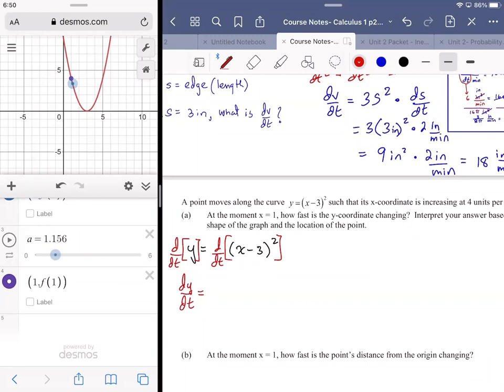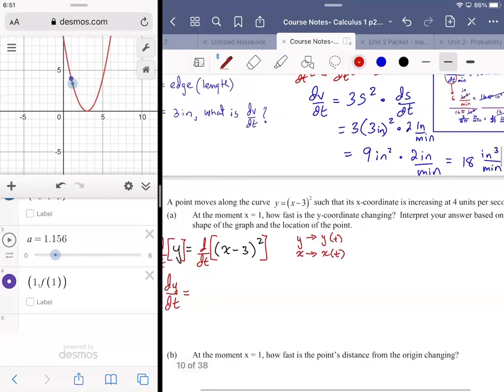But bottom line is we can write y as a function of time. So y is a function of time. X is also a function of time. All right? Because x moves at a rate that's independent from the rate at which y moves. We don't know either. Well, we know the x coordinate is increasing at 4 units per second.